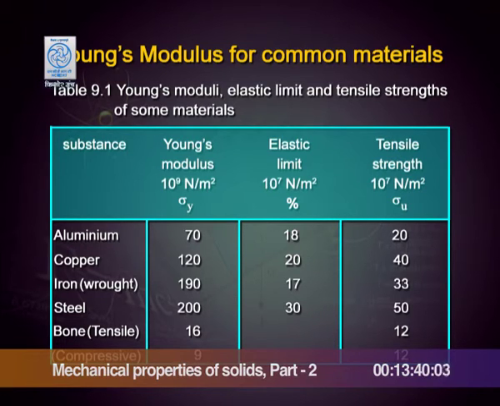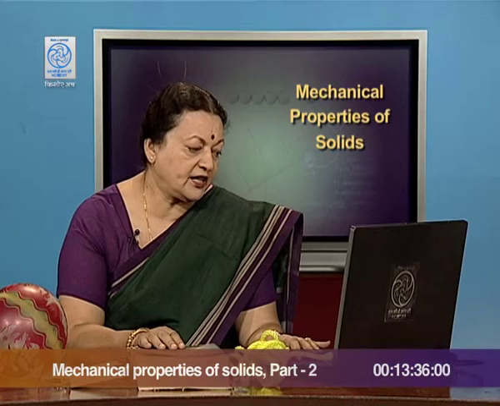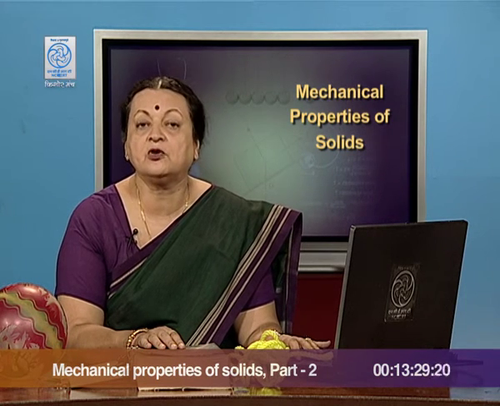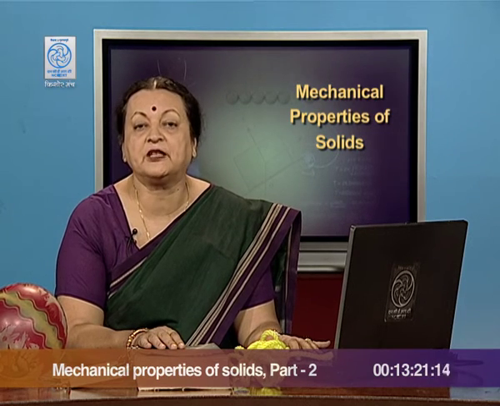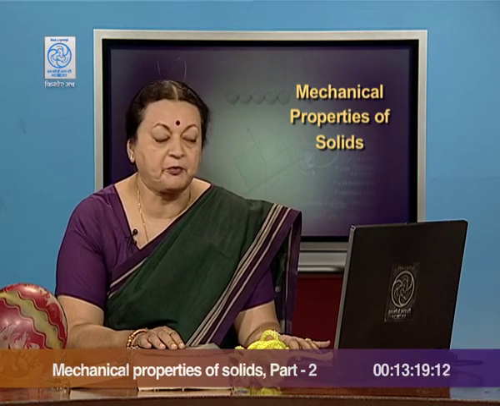Notice for bone you have got two values given, which are given in terms of tension and compression. That means this is slightly different, and this should be taken into account if you were to measure the elasticity for bone in order to know why a fracture takes place or how you can make a pyramid.